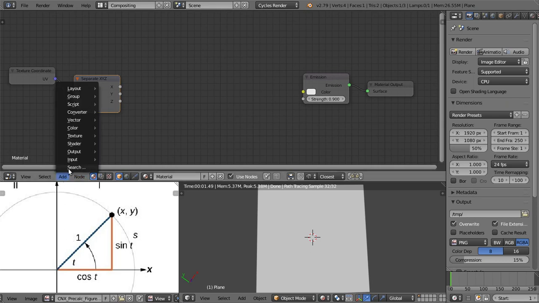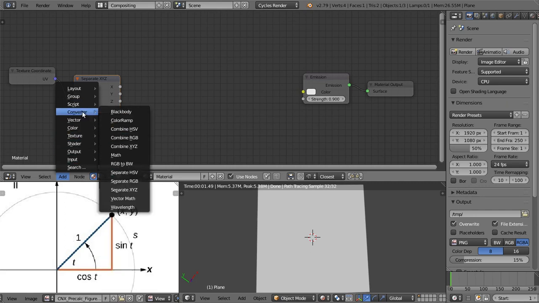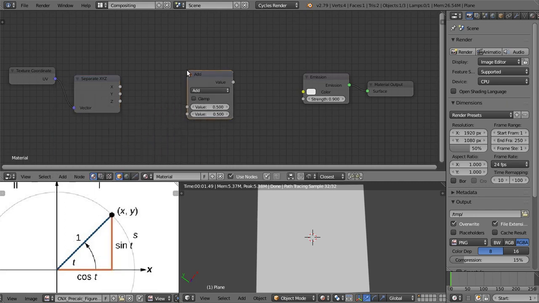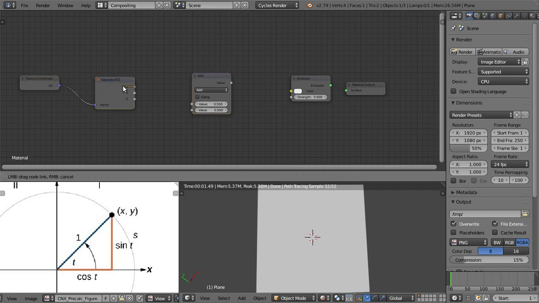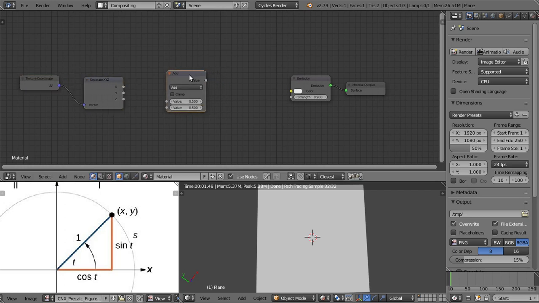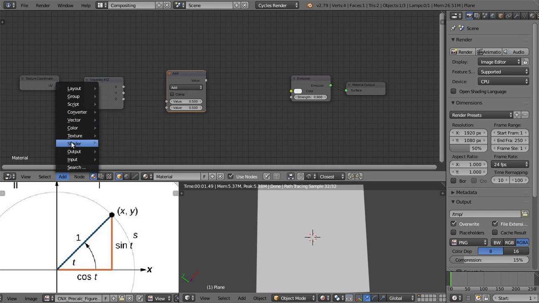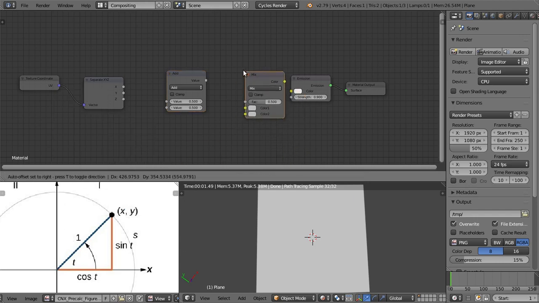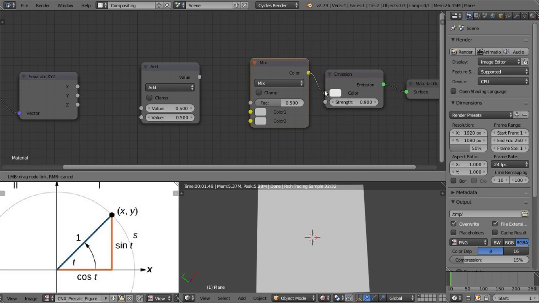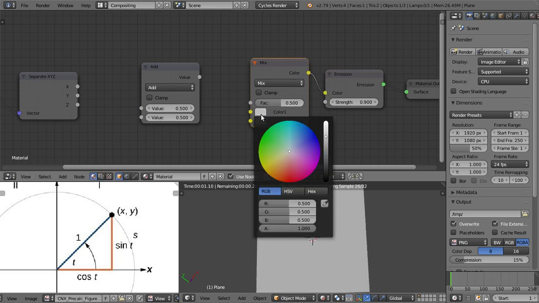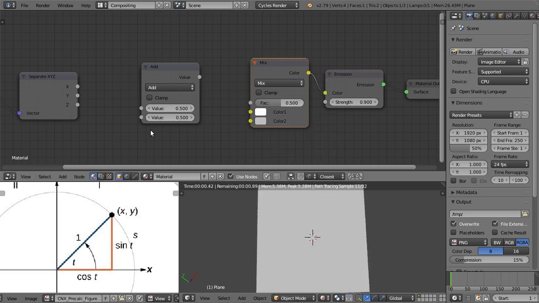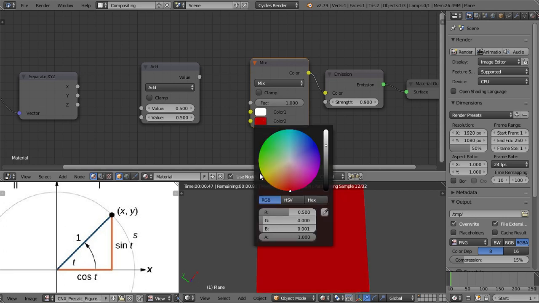And then we'll want, what is it, converter math. And I'm just going to throw in a mix RGB, just to make it a little more interesting. So I'm going to make white the 0 function, and why not red this time?